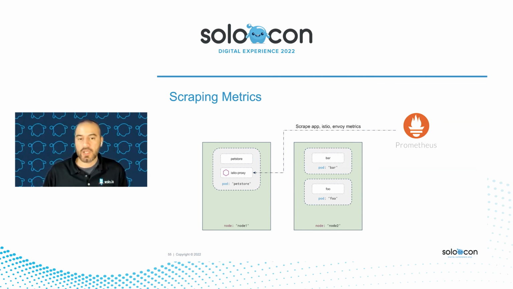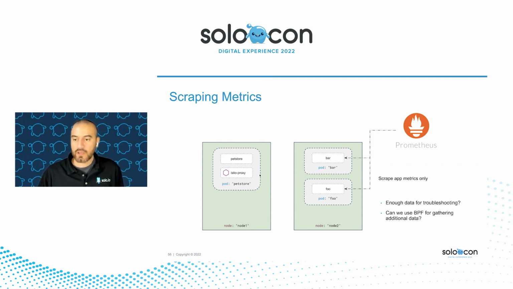We can go ahead and get Istio and Envoy metrics. So we have a pretty good set of information that we need from this workload. But for the foo and bar pods, we can only get application level metrics. So is that enough data for troubleshooting? Maybe eBPF can help to get a richer set of metrics from these applications.